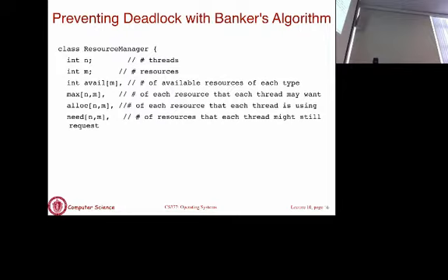So let me just preface all this by saying to implement this algorithm, okay, when your process starts up, it has to somehow tell the operating system or the runtime system that implements synchronization, saying what are all the resources you could request within your code. Okay. Now clearly a process is not going to tell the operating system. What you will have to do is analyze the code.